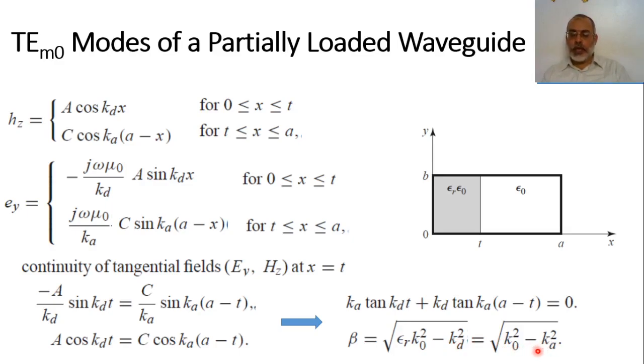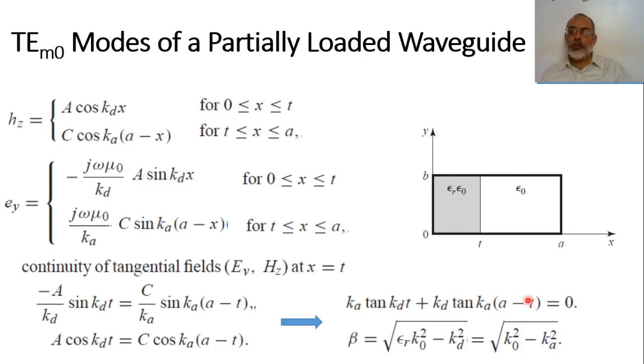So by getting this beta squared, we can obtain kd squared as epsilon r k naught squared minus beta squared, and ka squared as k naught squared minus beta squared. So we can replace all this equation in terms of beta only. We are going to replace ka by the square root of k naught squared minus beta squared, and we are going to replace kd by the square root of epsilon r k naught squared minus beta squared.